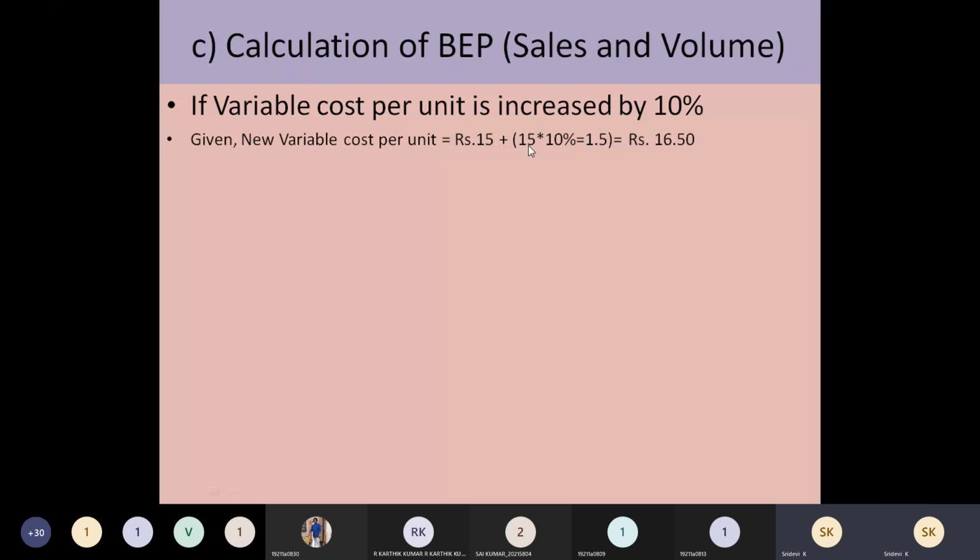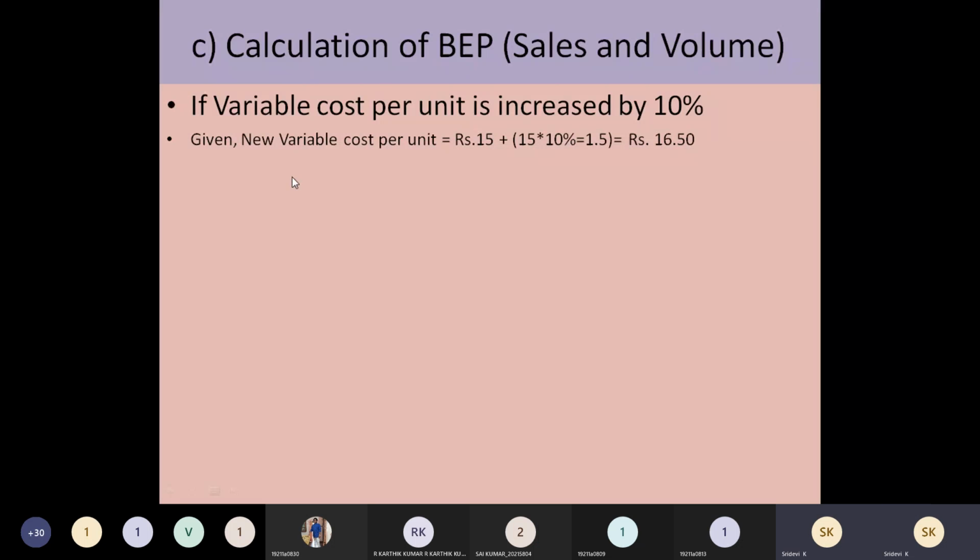Add this 1.5 rupees to the existing 15 rupees, and that will give you the new variable cost. 15 plus 1.5 gives 16.5 rupees. This is the new variable cost per unit.